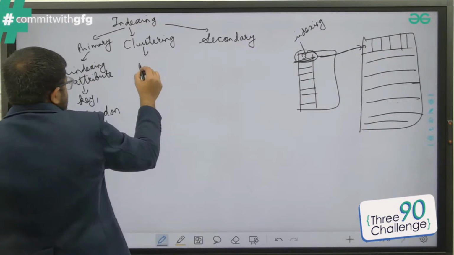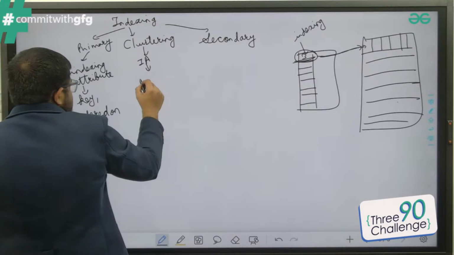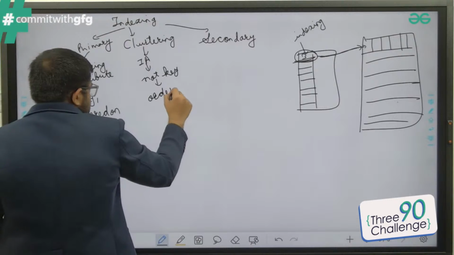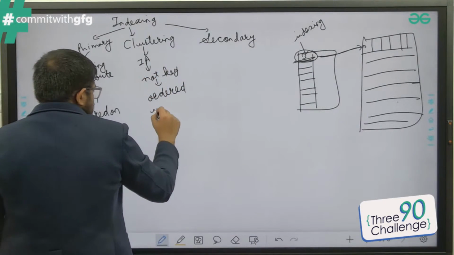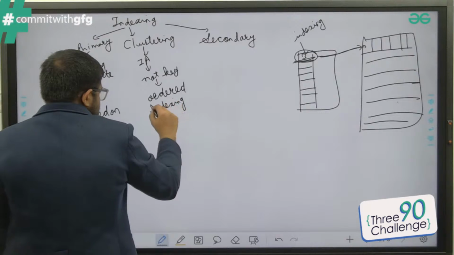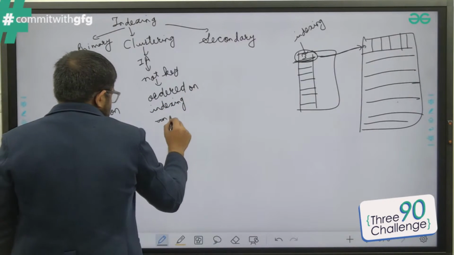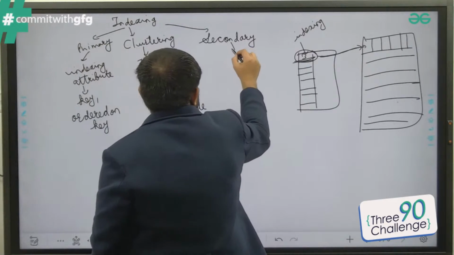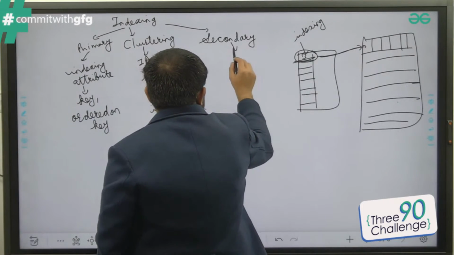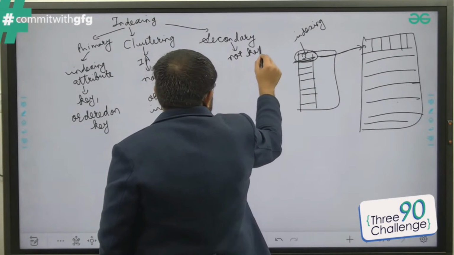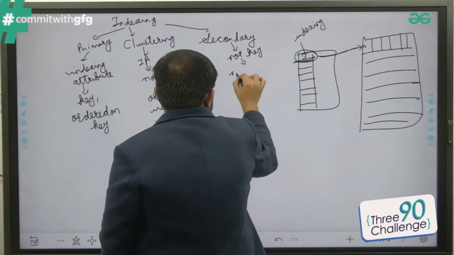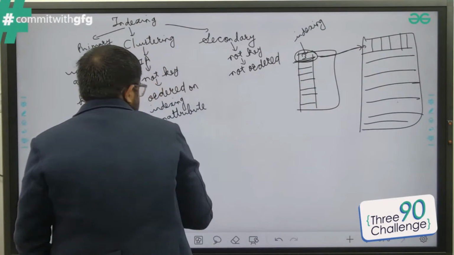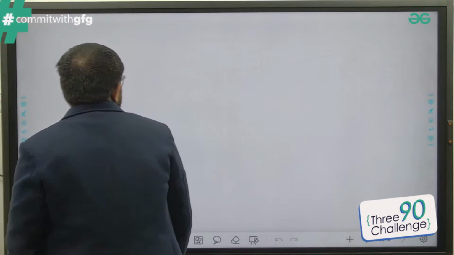Clustering means the indexing attribute which you take is not a key, but the data is ordered based on the indexing attribute. And when we talk about secondary indexing, the indexing attribute is not a key, and the data is not ordered based on that indexing attribute.